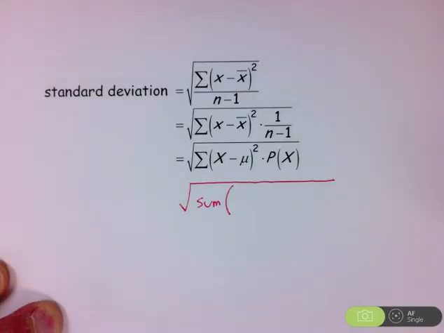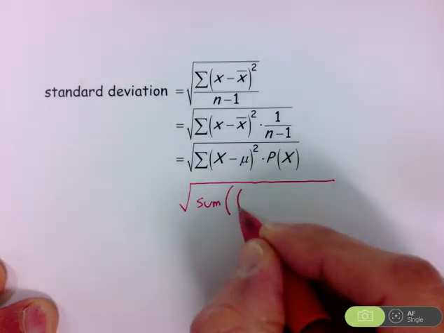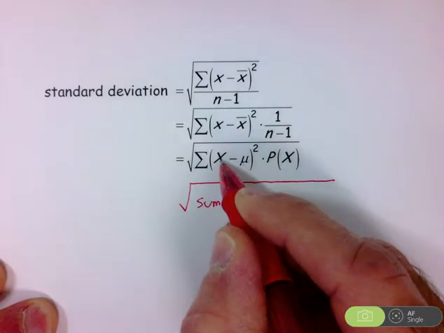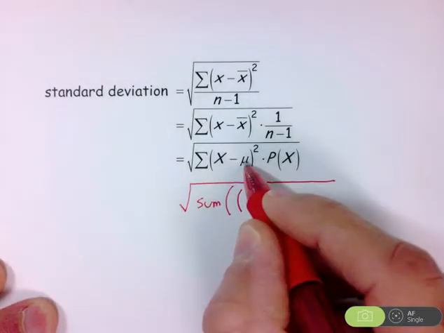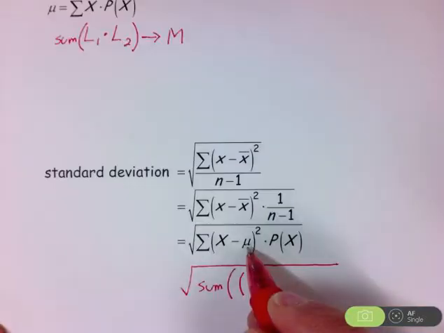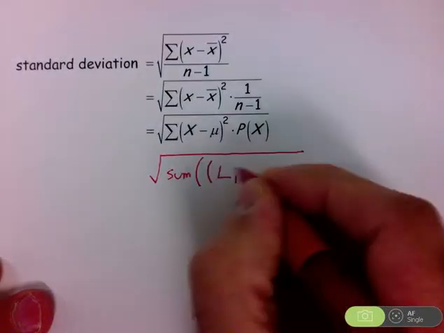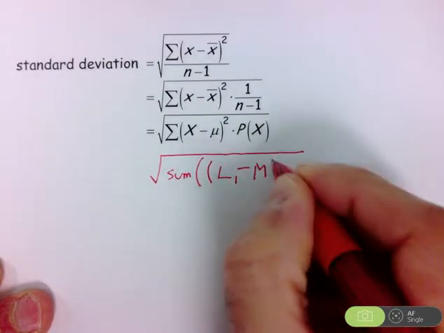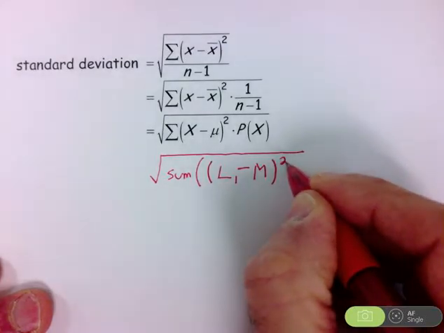Now, understand then, I have to be careful to square my deviation. So I'm going to put an extra set of parentheses in where I can take my x values. Those are going to be stored in list 1. I want to subtract mu, or the mean. We will have calculated that and put that into the variable m. So I'm going to take list 1 minus m, and I'm going to square those deviations.